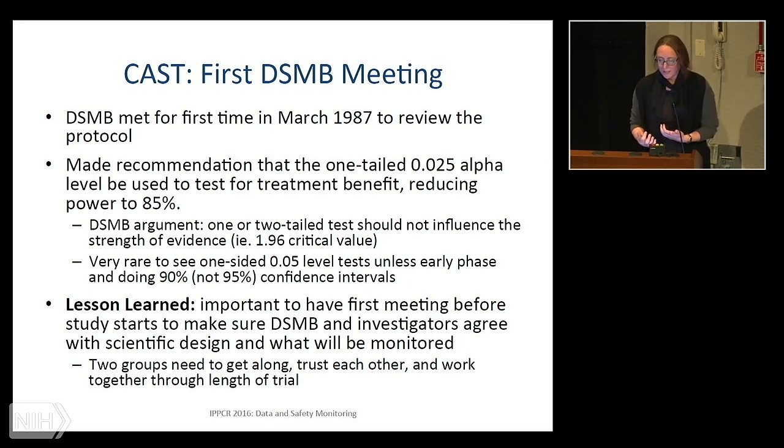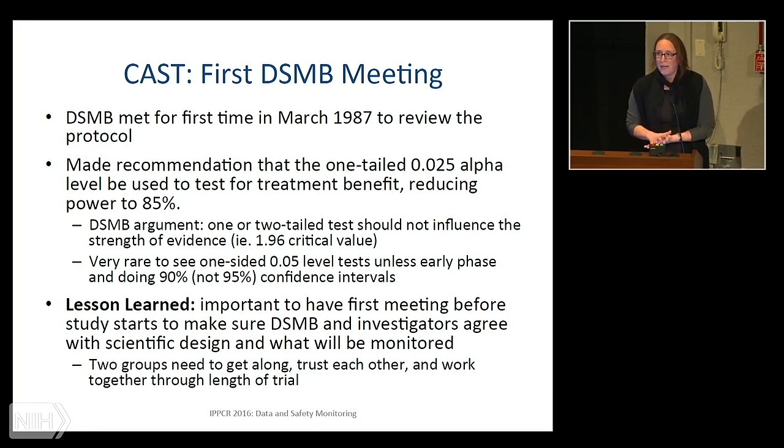And so the lesson learned here is it is very important to have that first meeting before the study starts. Because ultimately the DSMB is charged with a pretty delicate sense of responsibility, actually a very important role, which is they are going to be looking at data that no one else has and be making recommendations that have a strong influence on the future of this trial.